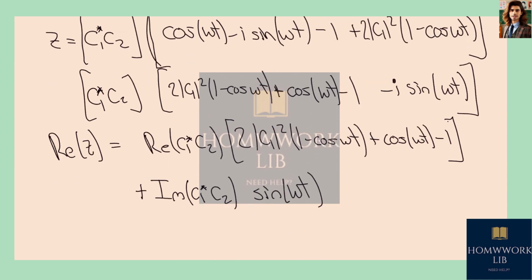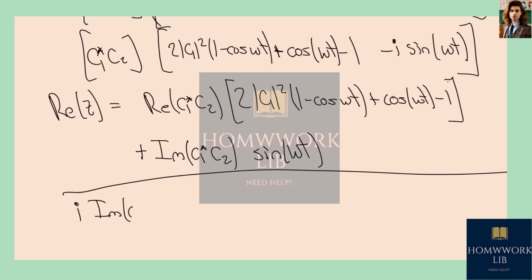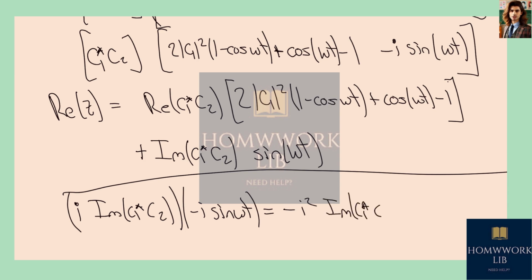How do we get the result? Remember that the imaginary part of C1 times C2, what we can look at it is I times the imaginary of C1 times C2. So whenever we multiply this factor with minus I sine of omega t, this is going to be directly minus I squared imaginary C1 conjugate C2 sine of omega t.